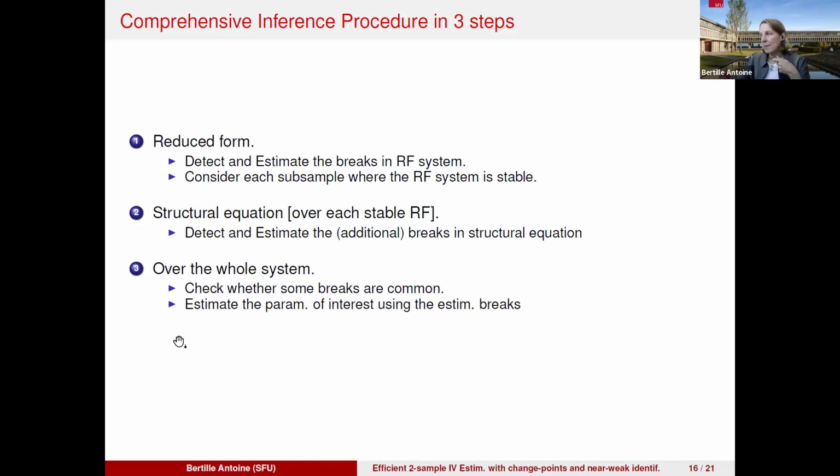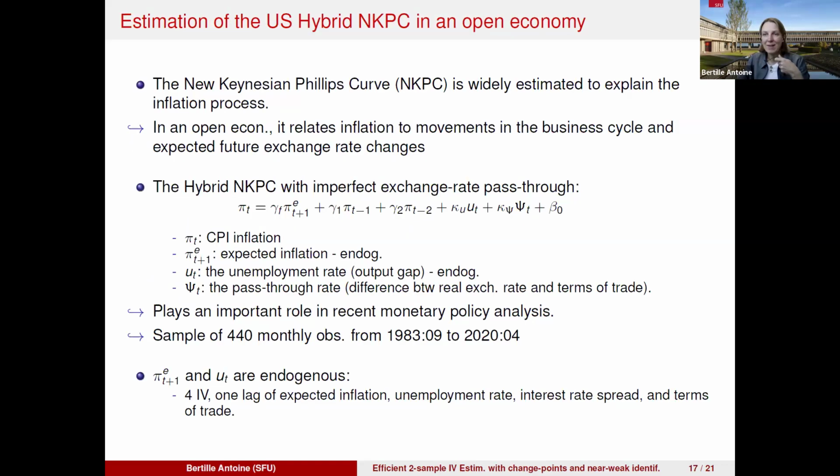All right, so in the last 15-20 minutes that I have left, I would like to talk about our main application, which is focusing on the estimation of the US hybrid NKPC in an open economy.